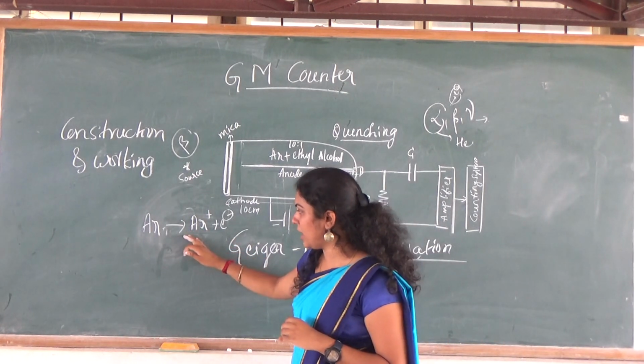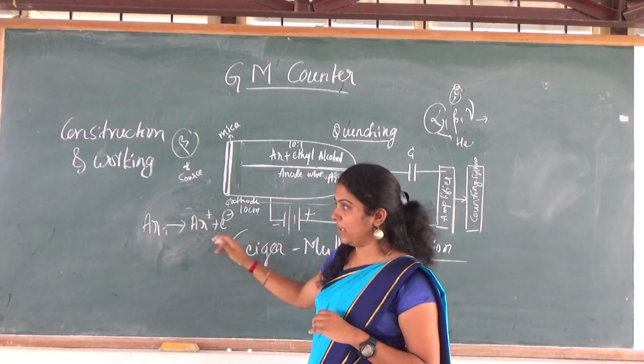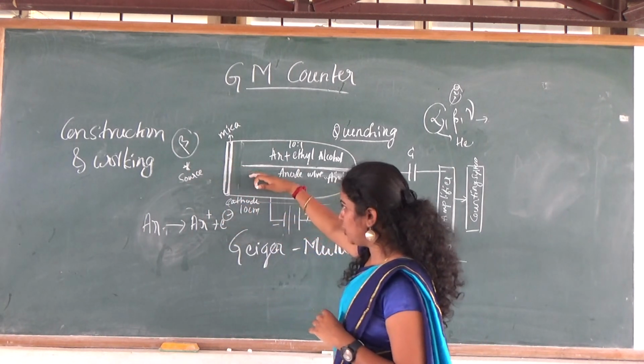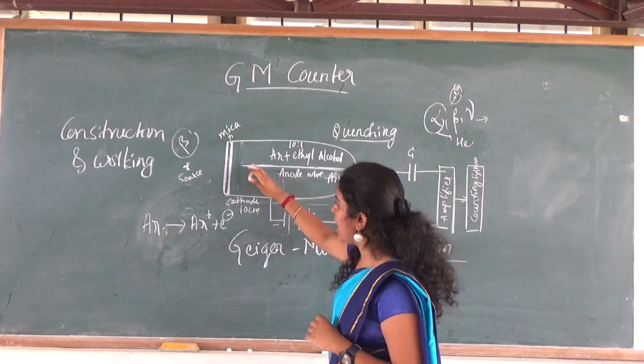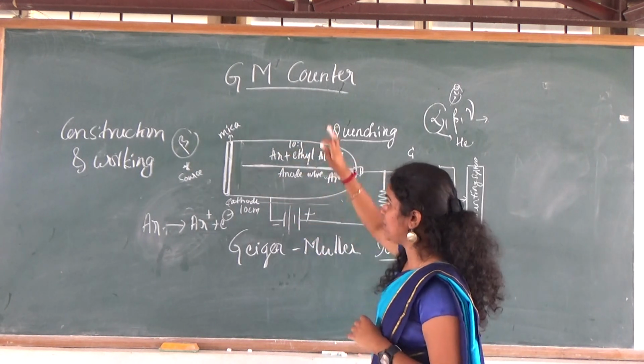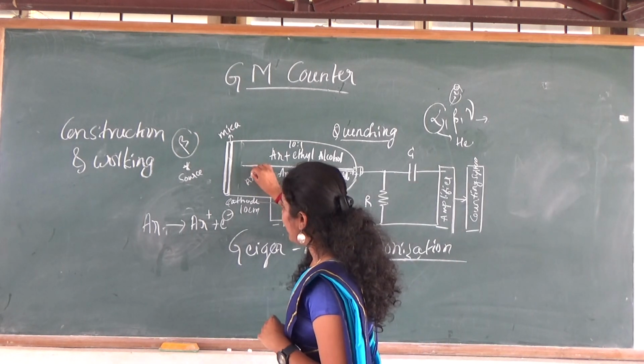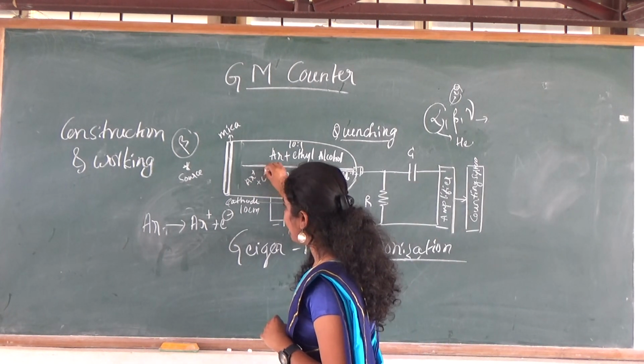This is a positive ion and this is the electron. As long as radiation enters the tube through the mica window, there is ionization. That is the principle of this.